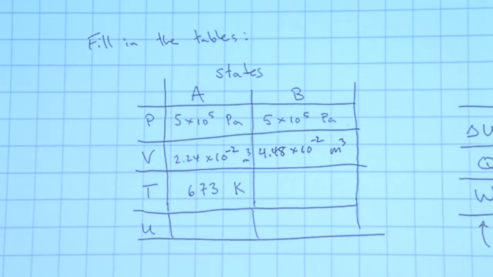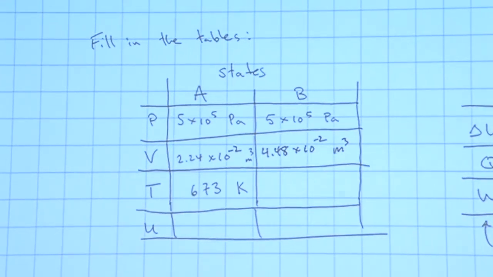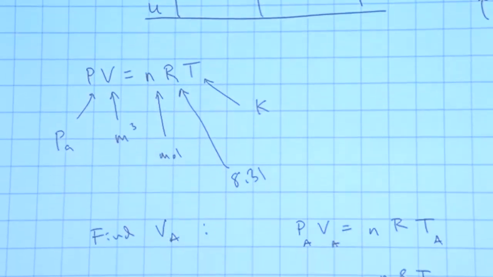If I know my pressure and my volume, I can use PV equals nRT to solve for the temperature.